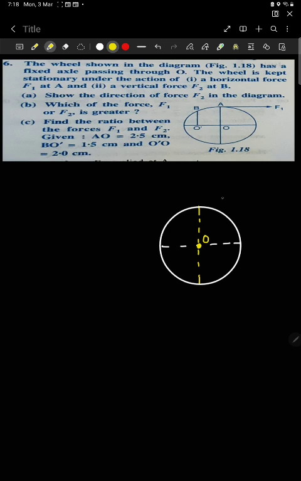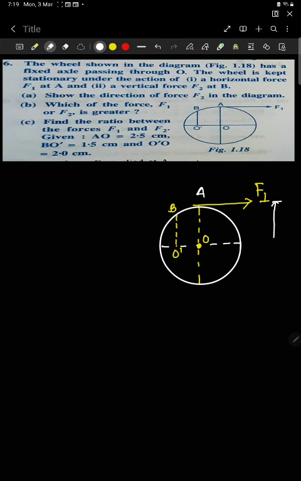Now there is one force F1 acting on this wheel, and one more force acting at this point B. Now what distances have they given?